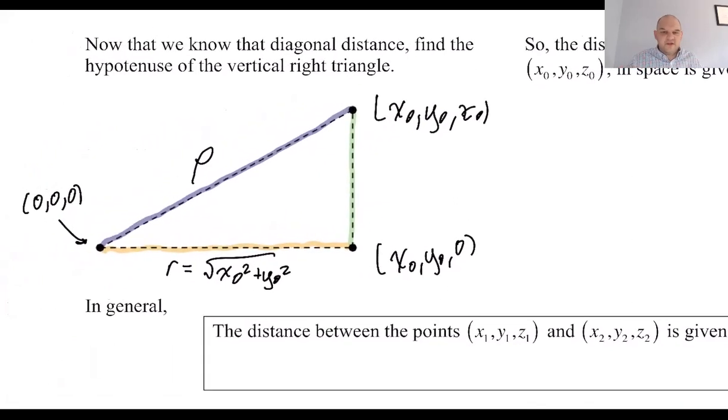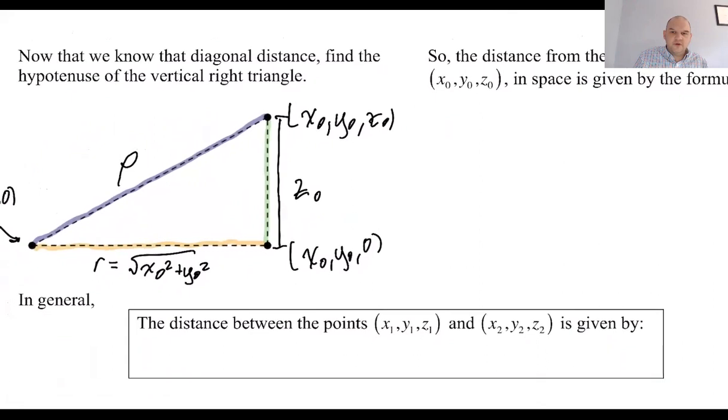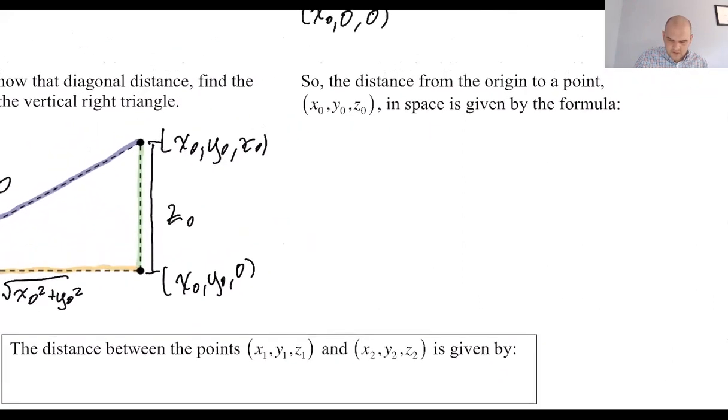All right, so I have to find rho. I need one more thing, right? I need this distance right here. You're at the point x0, y0 in the xy plane, get on an elevator and go up z0 units. So the length of this is just z0. Okay, so we want rho.